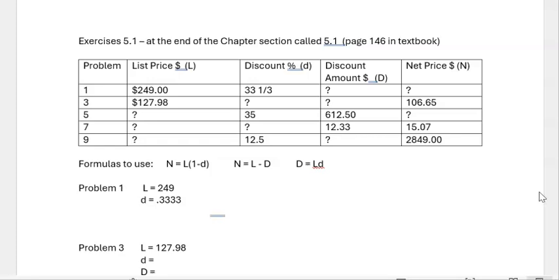So let's look in the formulas that we know we can use that will help us with this. And we know if we multiply the list price by the discount percentage, it'll give us the discount amount. So that's the one we want to solve for. So let's have a look here.